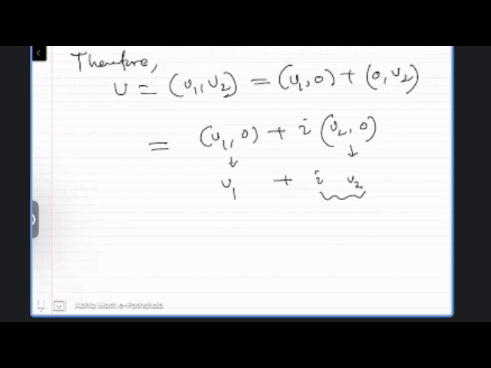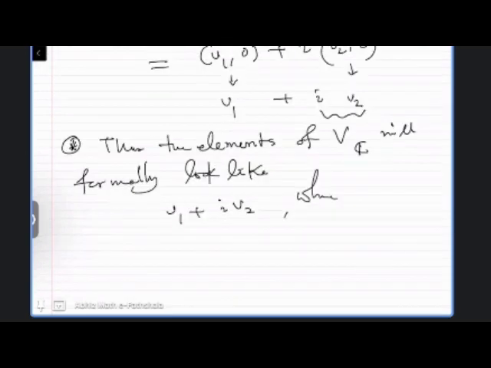So thus the elements of V_C will formally look like V1 plus I V2, where V1, V2 belong to V. Okay. Are you getting my point?